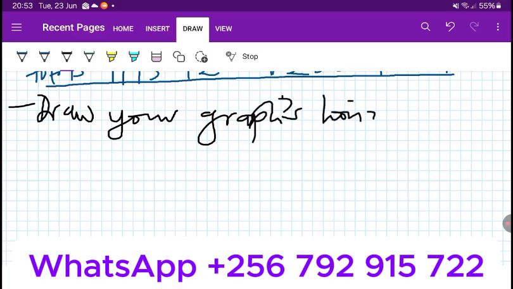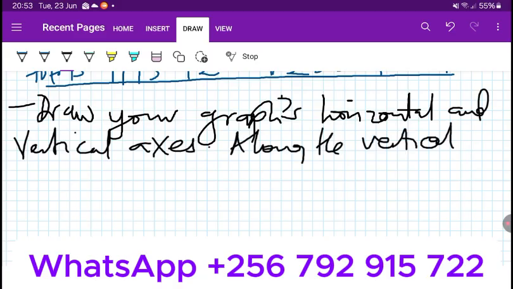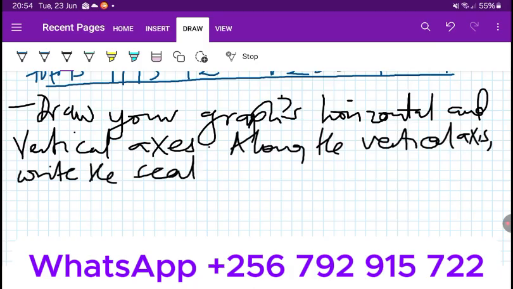Horizontal and vertical axes. If it is one, it is called an axis. Of course, along the vertical axis, you write the scaled values.